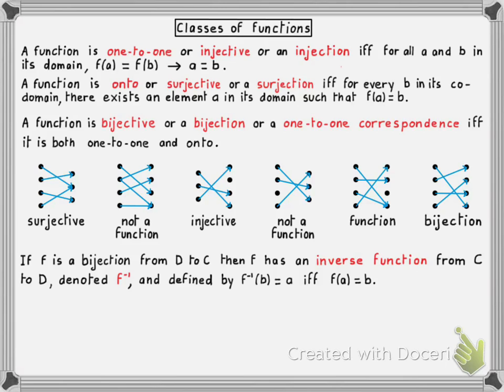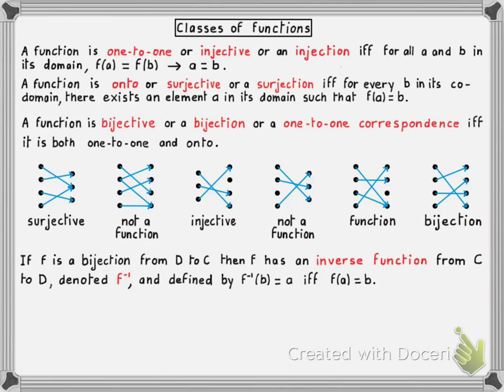In other words, let's look at this graphically. First of all, for the function to have an inverse, it must be a bijection. So let's look at this bijection here. If the image of a by f is b, then the image of b by the inverse of f is a. What that means is you simply need to reverse the direction of the arrows and you get the inverse function.